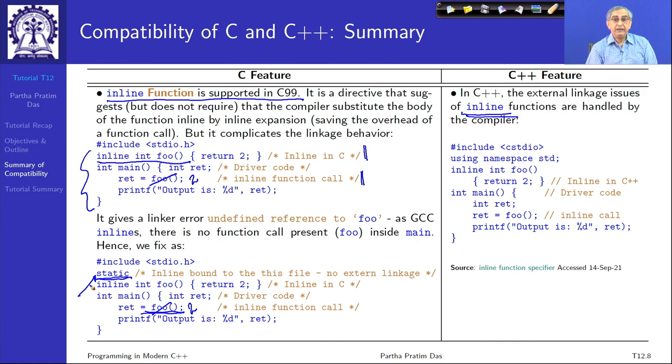because now if it is static, it is limited only within that file scope. So, the linker is not expecting to link it across different files, and therefore it will not give a linkage error. But actually we do not want this to be static in that file scope, which means that if this function is to be used in any other file where I want it as an inline, I will have to provide a separate header for it, which also will be static.